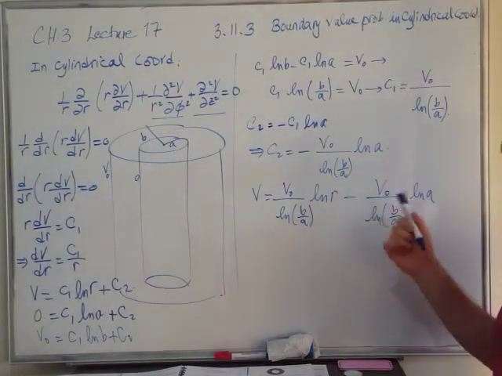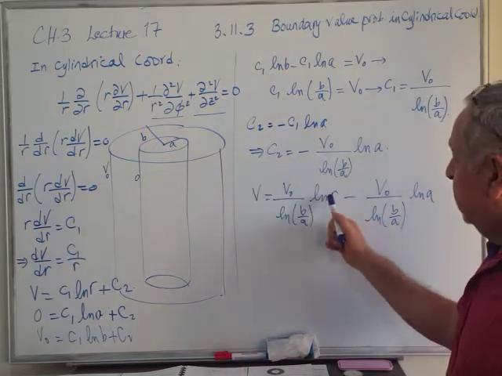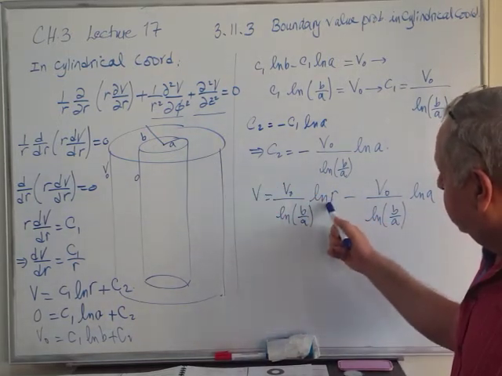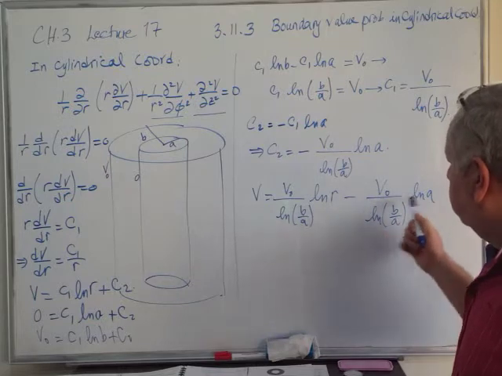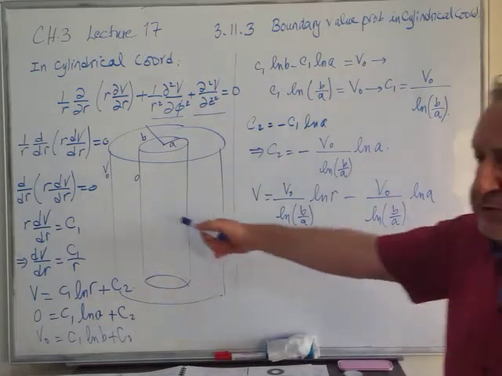You can check your answer by putting in the values. If r equals A, that's ln A. So V0 ln A minus V0 ln A, same denominator, it will be 0 as it should be.